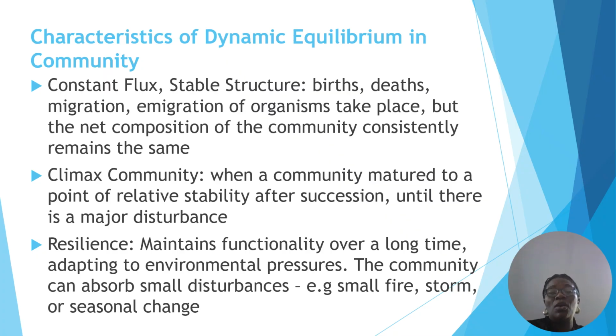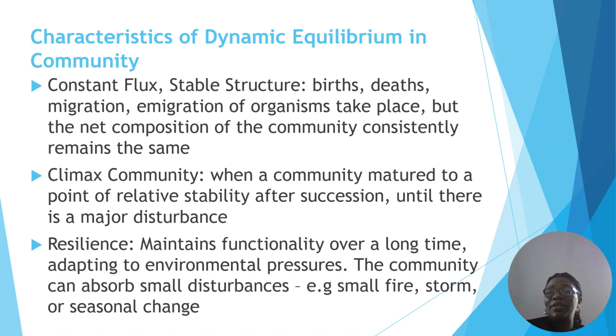Another thing that one can observe in a community in dynamic equilibrium is resilience. A community that has reached dynamic equilibrium is resilient. That is able to maintain functionality over a long period of time. That is, they are able to adapt to environmental pressures. The community can absorb small disturbances.